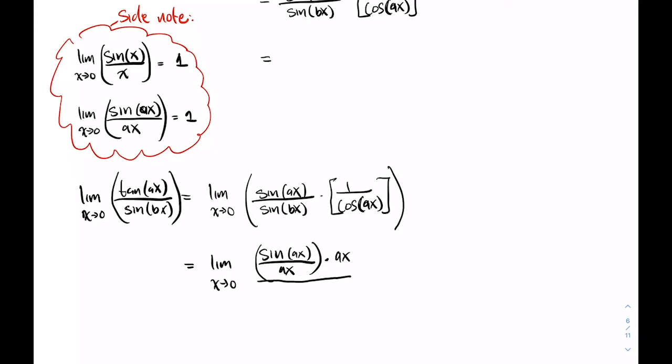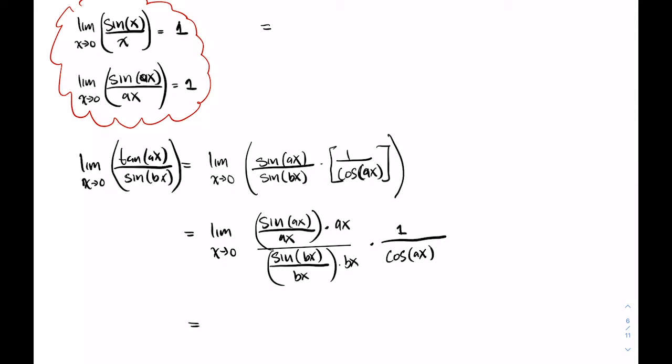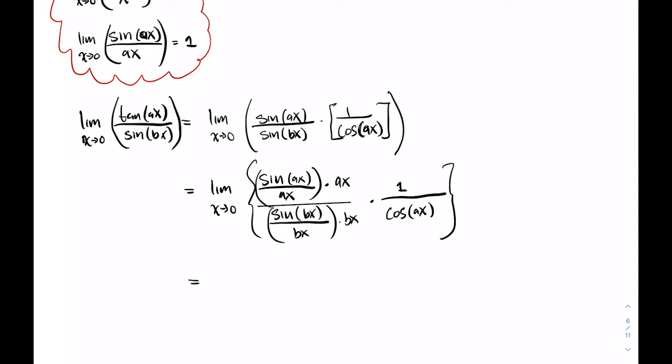Now I divide by sine bx over bx, but where did that bx come from? Nowhere. So I also multiply by bx on the outside, which keeps our expression true. Likewise, I am multiplying by 1 over cosine of ax, which now means that I can use the limit property, which says that the limit can be distributed over functions.